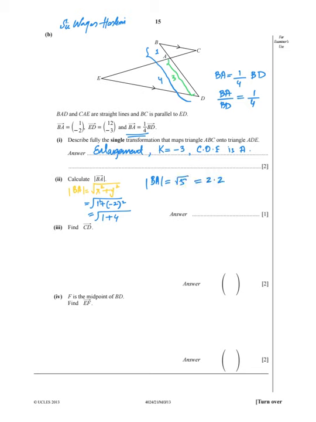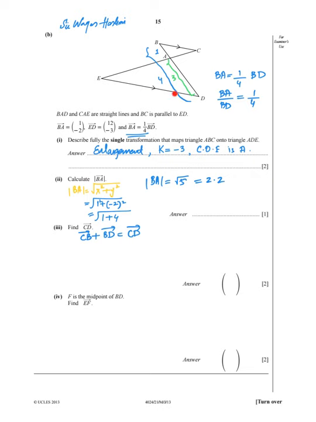For the next part, it says find CD. So I can find CD with the path: CB plus BD equals CD. Now how are we going to find the vector C to B? We know that it is an enlargement here, right?